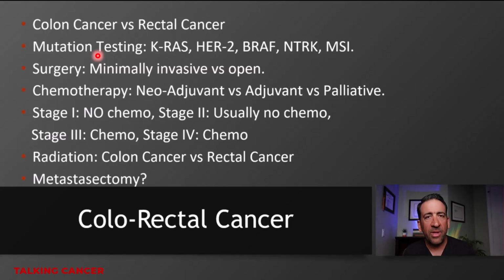We're going to go over these in a little bit, but that's why a lot of times, especially if you have metastatic disease, we might test you to find a possible mutation that we can treat.